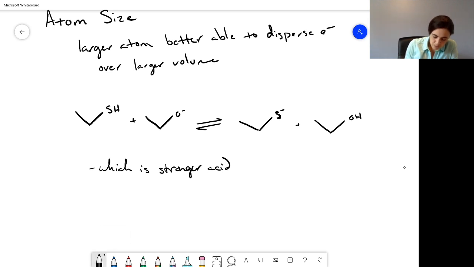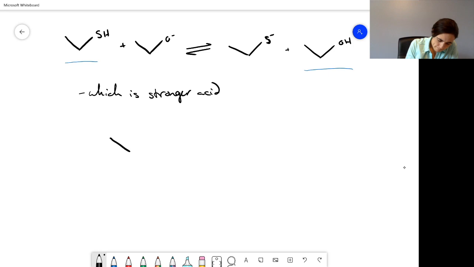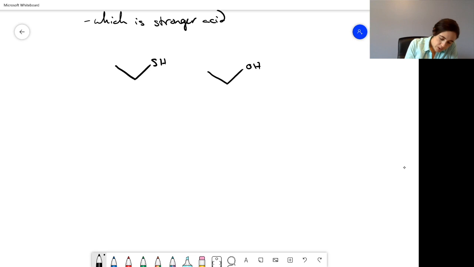All right, so first we have to identify our acids. In this case, it's the thiol and the alcohol. So we're going to take a look at those. And to figure out which is a stronger acid, we're going to look at their conjugate bases. So these are our acids.